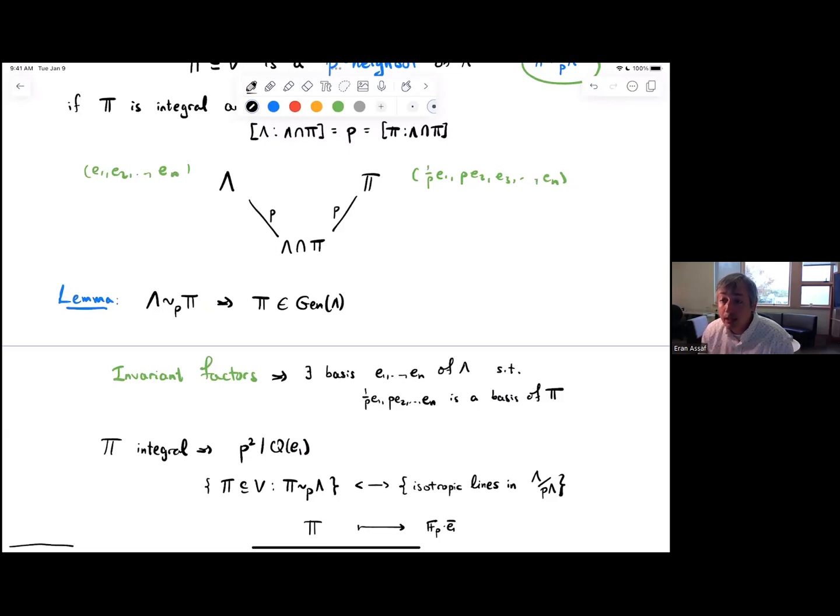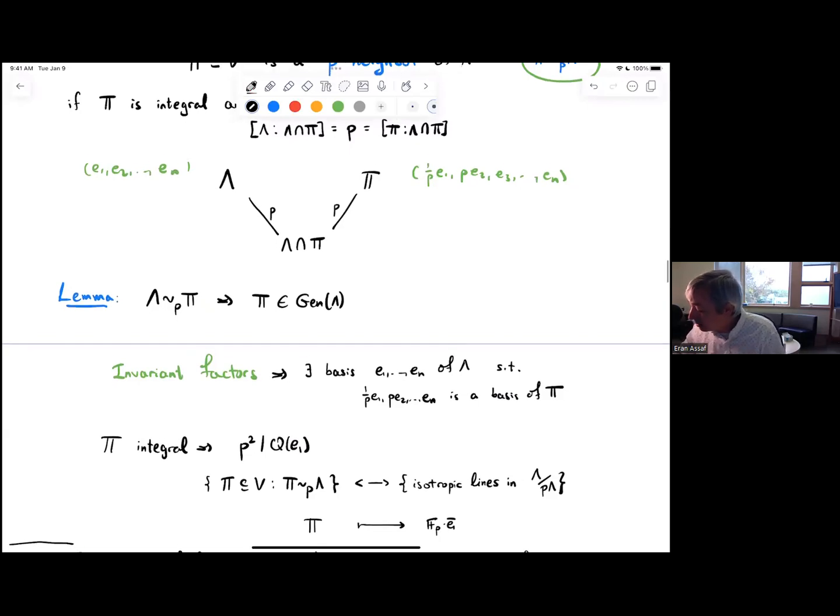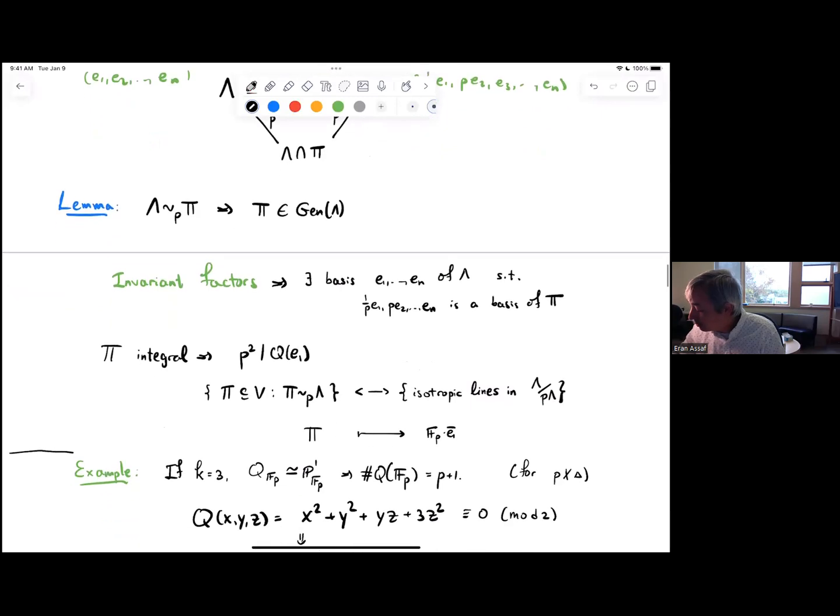Okay, and in fact, using Hensel's lemma, it's easy to see that it gives us a bijection between isotropic lines in lambda mod p and p-neighbors. We just map every p-neighbor to this particular element whose norm is divisible by p. And again, this might sound complicated, but it's very simple to see.